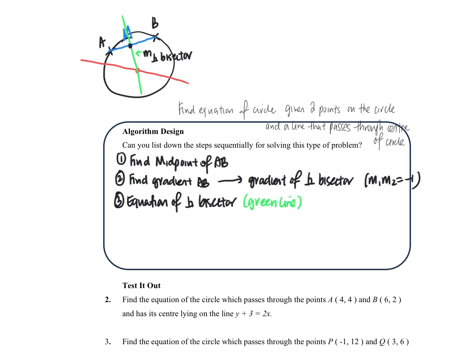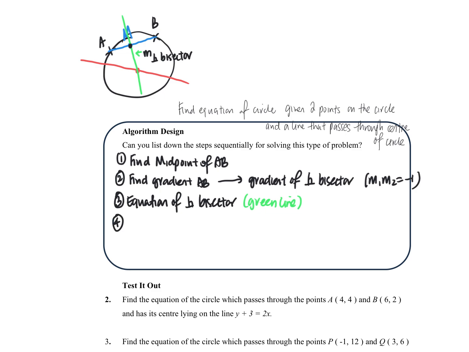Then what's next? There are a few steps, that's why it's easily 6 or 7 marks. What's the next step? Find the center of the circle. How can I get the center of the circle?